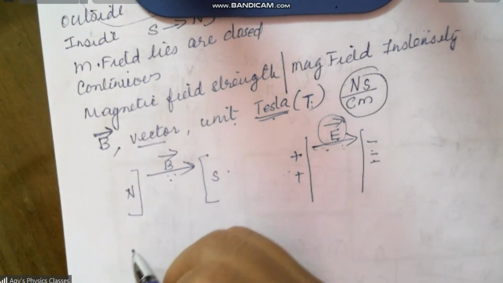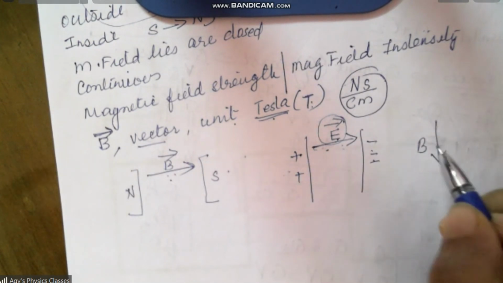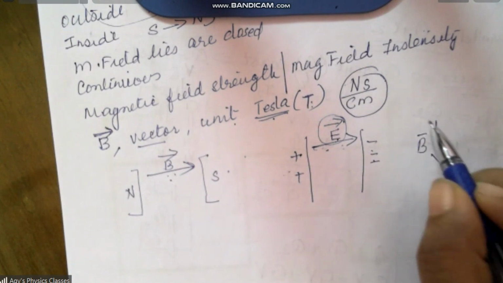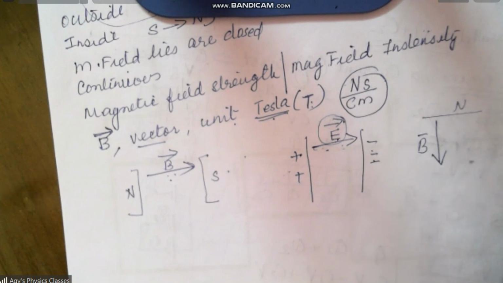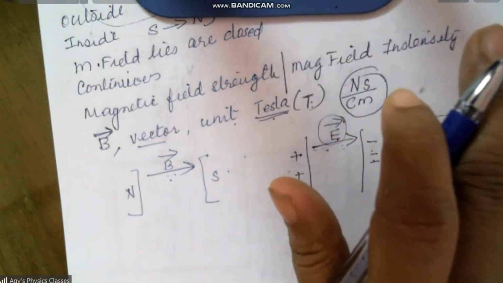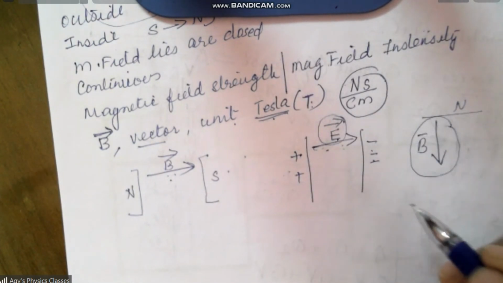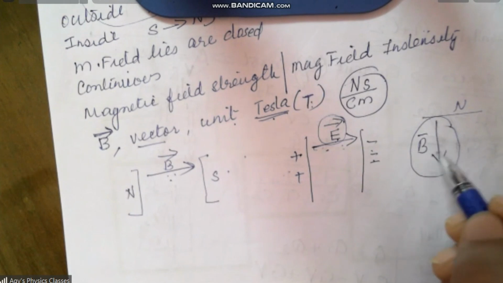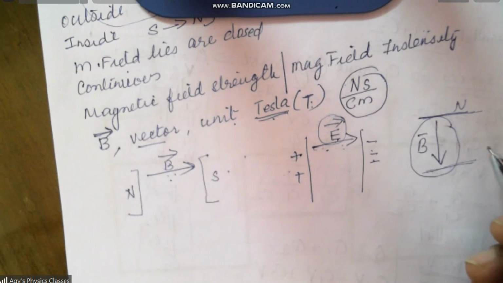So please understand, if B is in this way, the top is north. Many a time north and south poles will not be given to you because you are in A level. There they will only give you this. So to do certain questions, you need to know what is over here and what is over here.